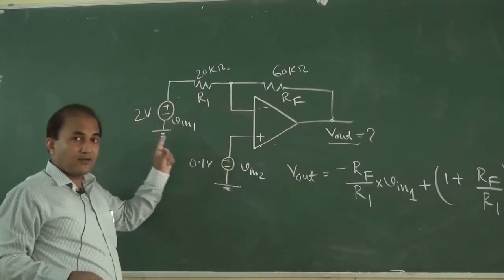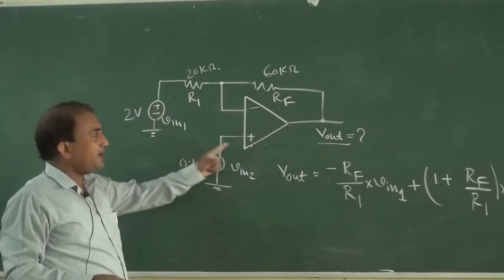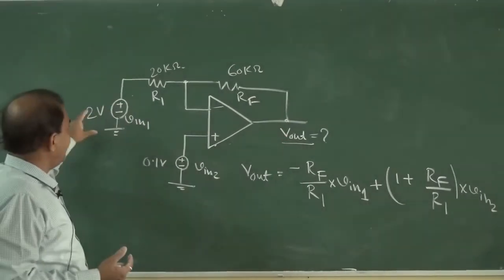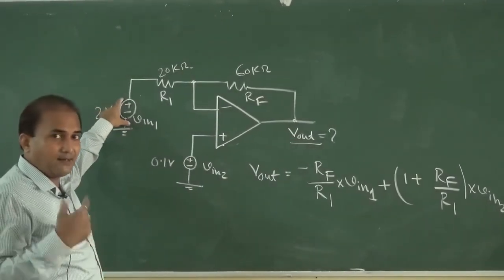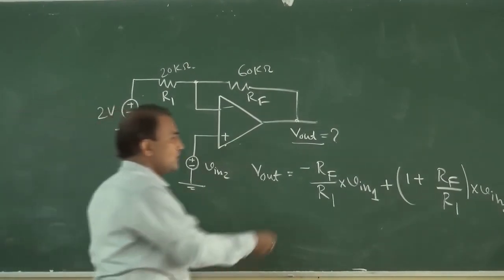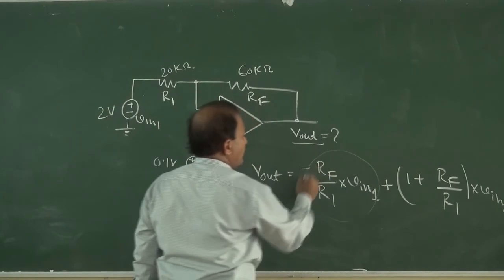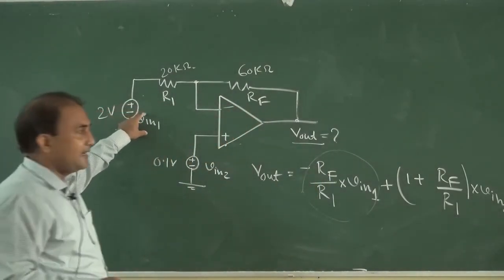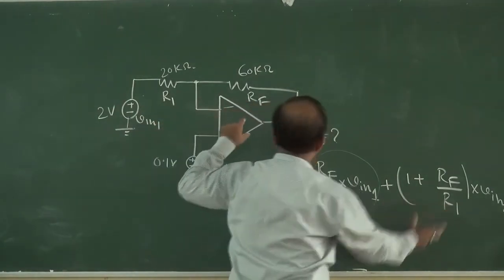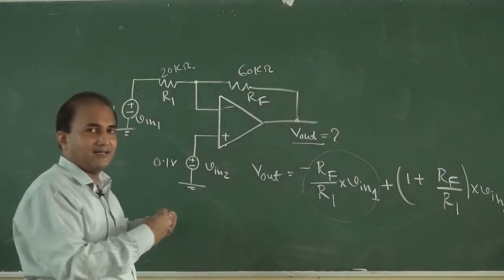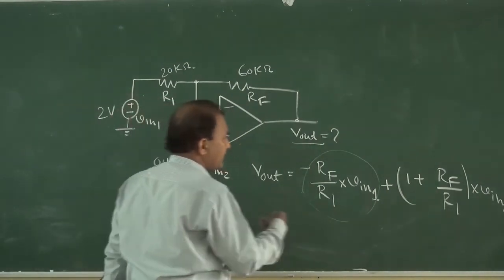By using the superposition theorem, V output is determined first by considering this input only, then by considering the other input only, then adding them. This is the output by considering V in 1, and this is the output by considering V in 2, and we add them.